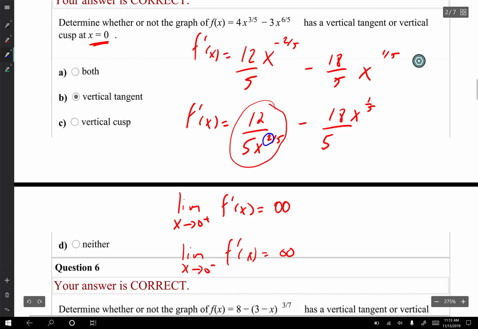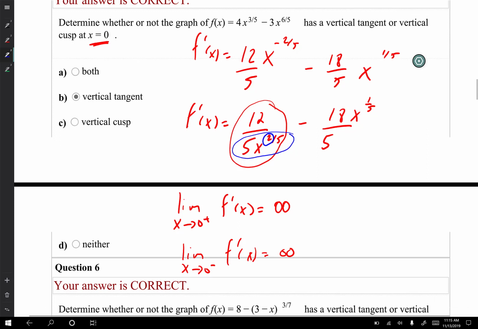So if I approach 0 from the left, I have a really, really small negative number. Squaring it turns it into a positive, and then I take the 5th root. So I have a super small number in the denominator. Some number divided by a super small number is a big number. So big minus some small, I'm going to have a huge positive number.